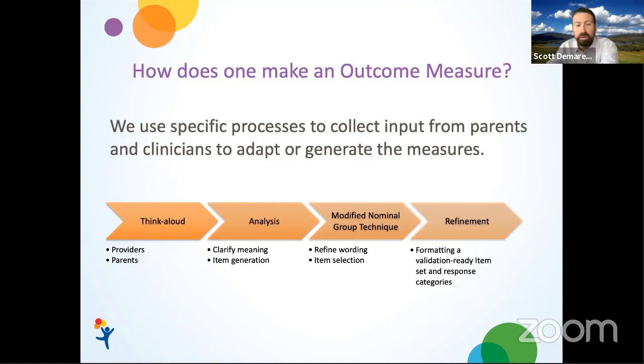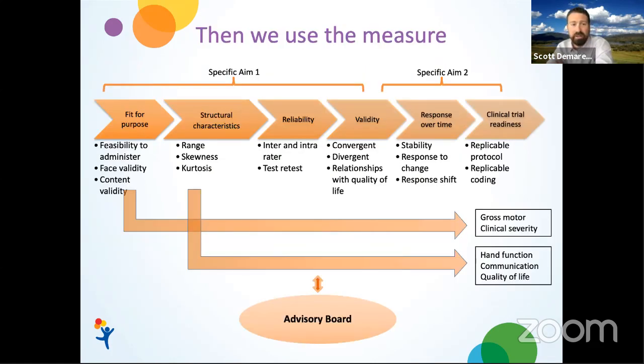We then go through a process of actually testing it on a wider scale and going through some refinement processes. The bigger process looks like this. It goes through that interview stage. We then collect a bunch of the measure across as many patients as we can. We look at how well it performs in many of those various ways that I talked about before. Do we have a good distribution? Is it all clumped up in one area?